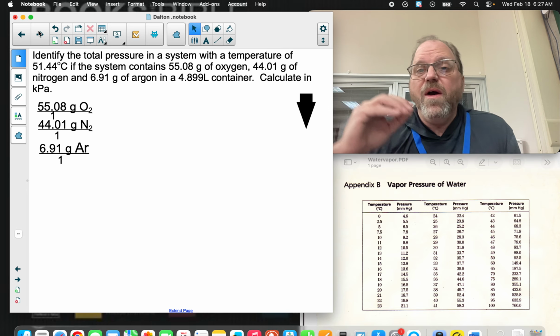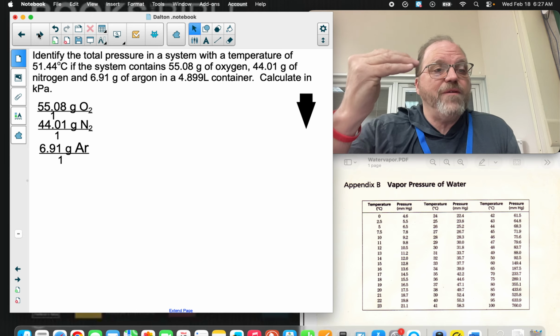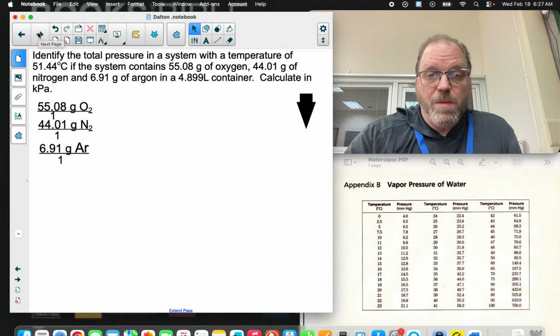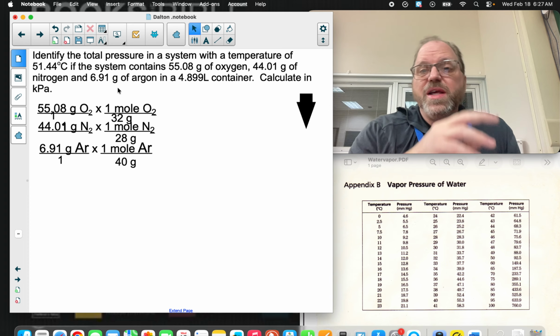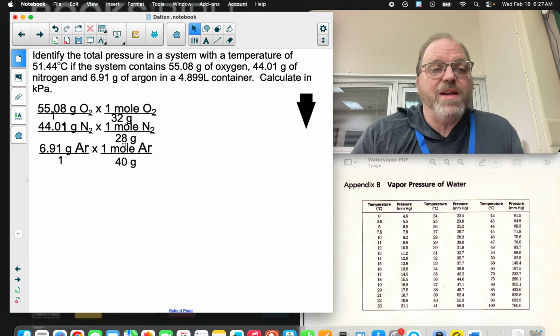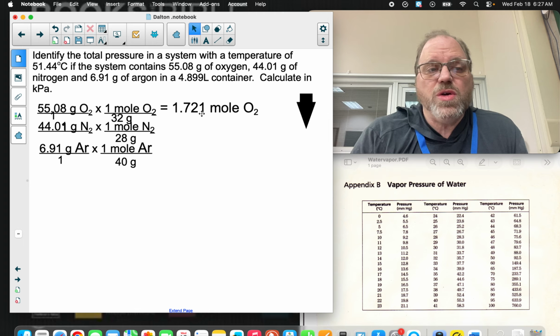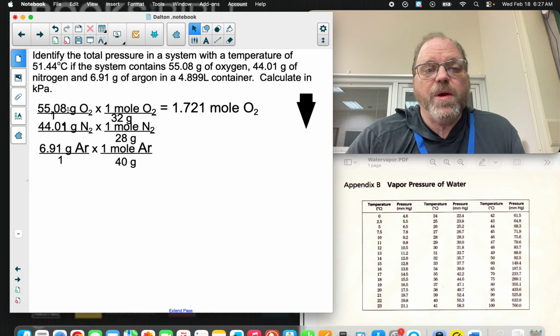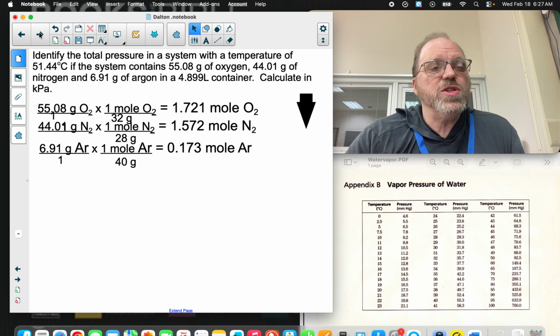Now, in order to find the N total, we're going to have to find the moles of each. So oxygen is 16, but it's diatomic, so it's 32 grams for oxygen. Nitrogen is also diatomic, 14 times 2, 28, and argon's 40. We multiply through, we get 1.721. There's 4 sig figs in 55.08 for oxygen.